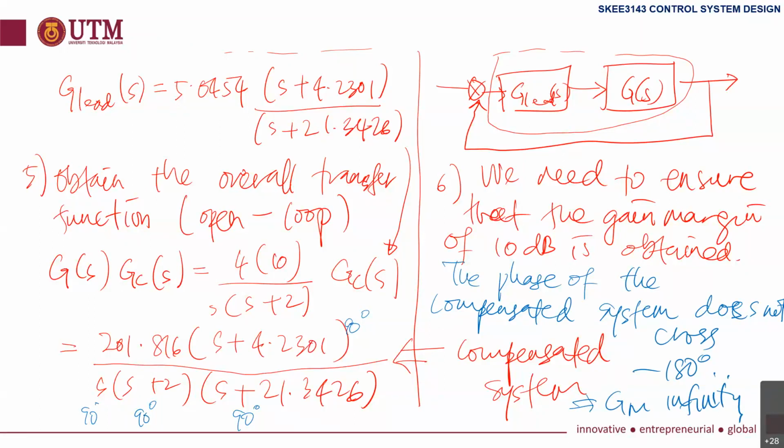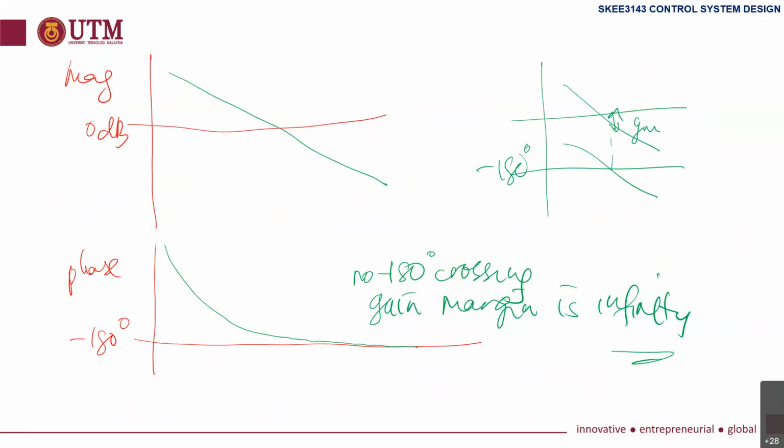And that ensures gain margin of more than 10 dB. So that you understand, since it will not cross 180 degrees, the gain margin can always be maintained for more than 10 dB. Right?